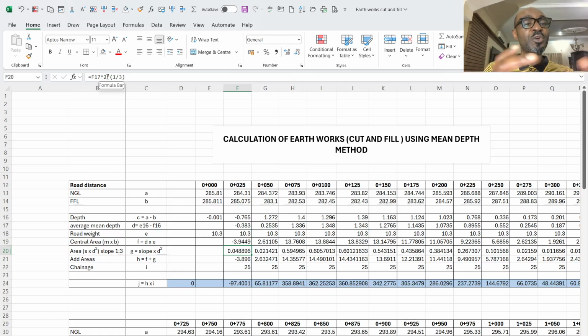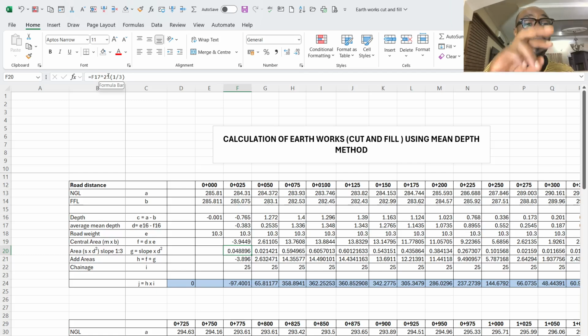You can input your square if you want to get the square of a particular number. On your keyboard, you look for the sign that is an angle sign showing upwards like this.